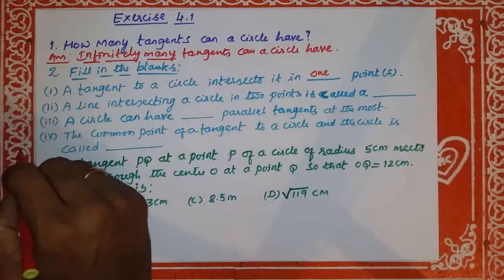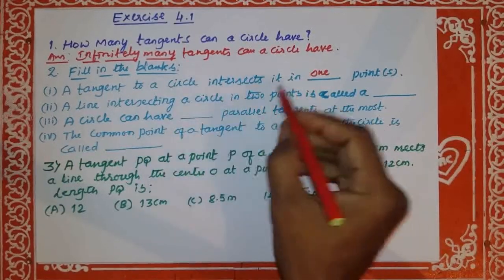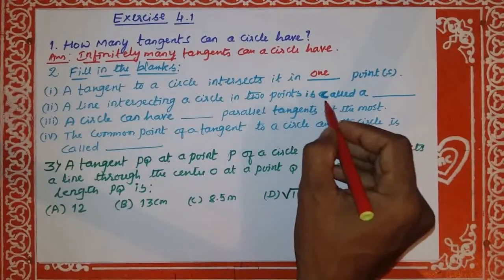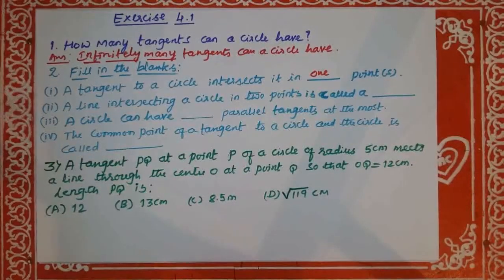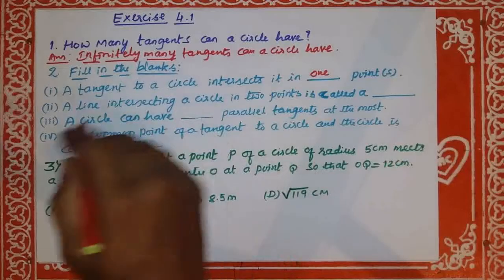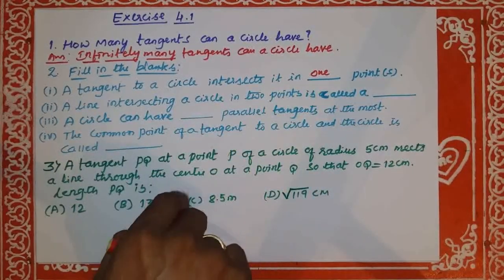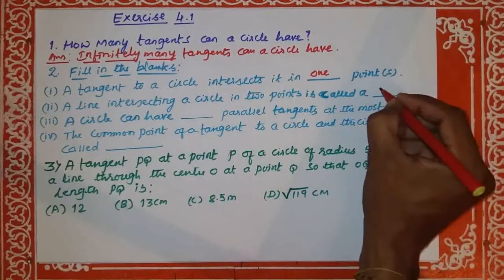Next, second question: a line intersecting a circle in 2 points is called a dash. See, in an earlier class we already discussed a line intersecting a circle between two endpoints, that is A and B, that is called a secant.